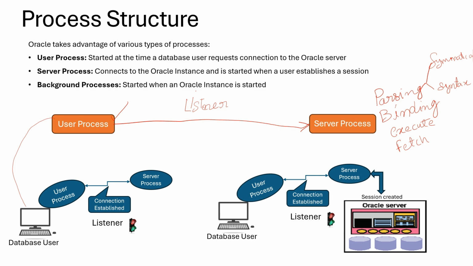That server process will take that information back to the user process. That process is called fetch: fetching the information from the buffer cache and database file and giving it back to the user process. Fetch is the process that does the fetching of the information.